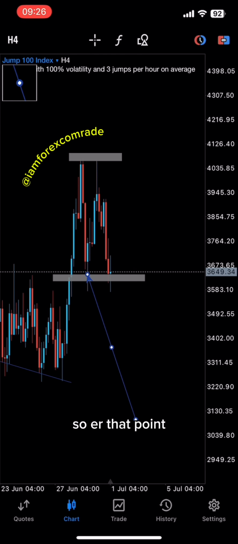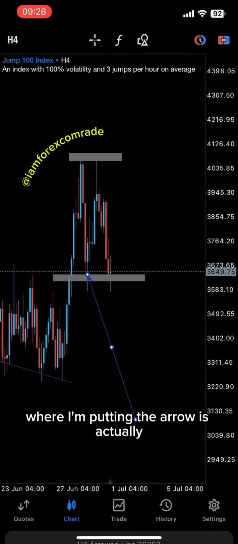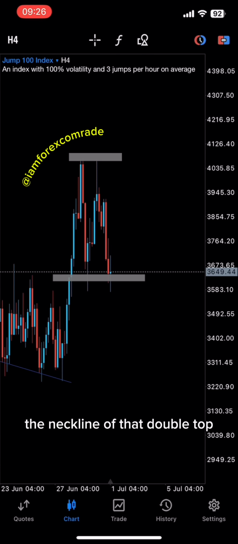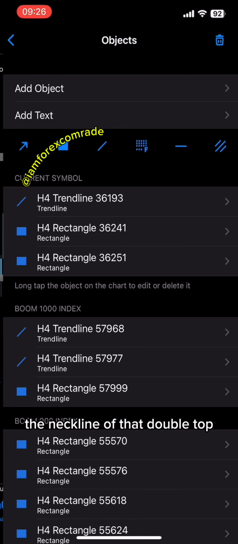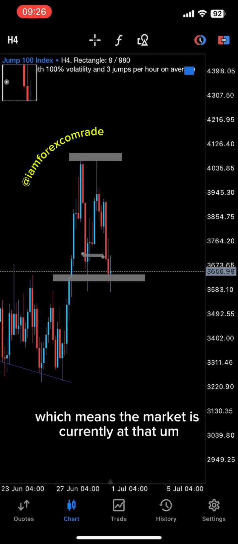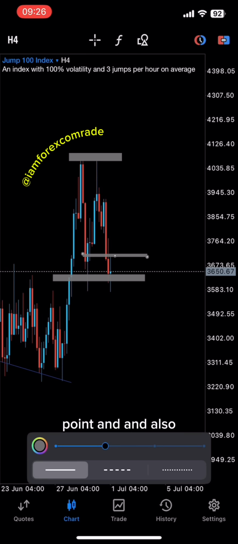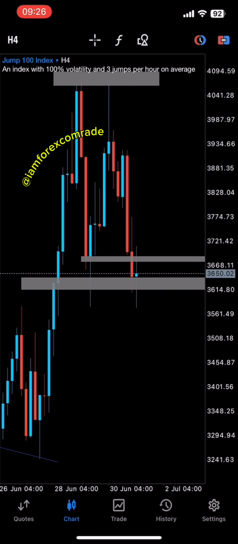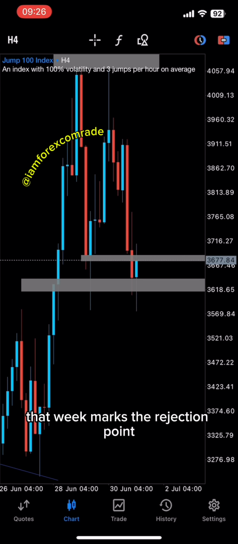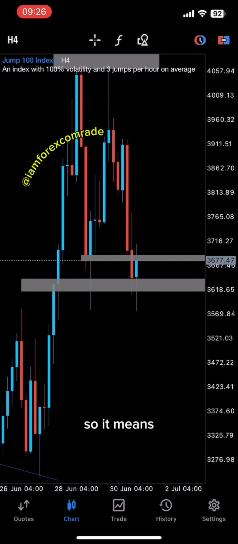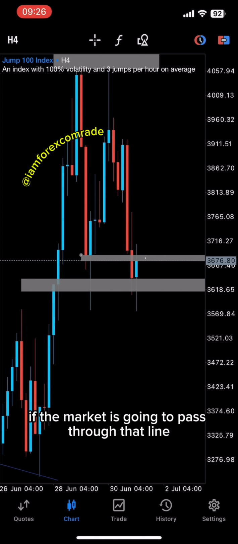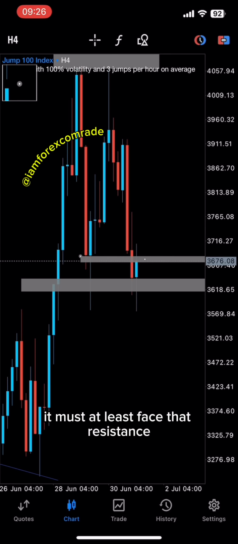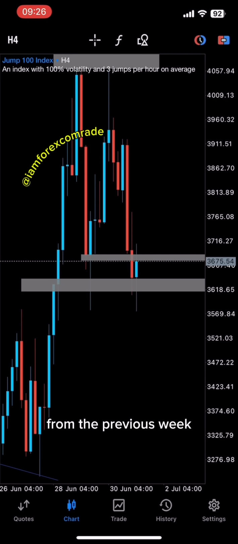So that point where I'm putting the arrow is actually the neckline of that double top, which means the market is currently at that point. And also that wick marks the rejection point. So it means if the market is going to pass through that line, it must at least face that resistance from the previous week.